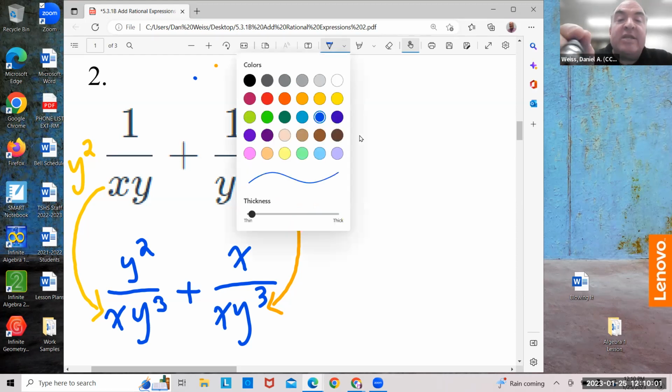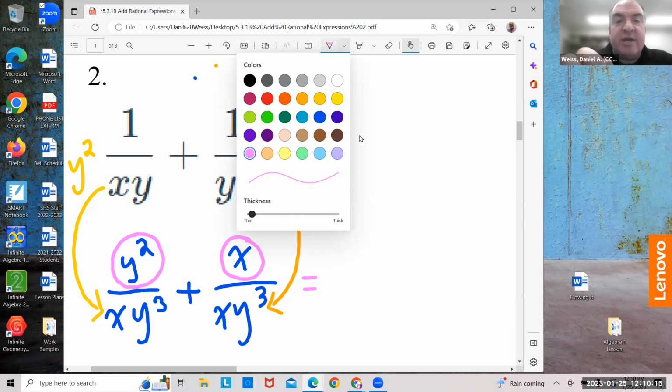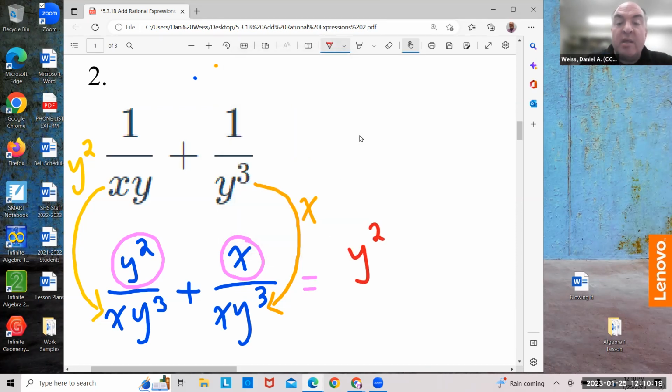Once again, are these two like terms? No, they're not. So you just write it out: y squared plus x, all over x y to the third. And you're done.